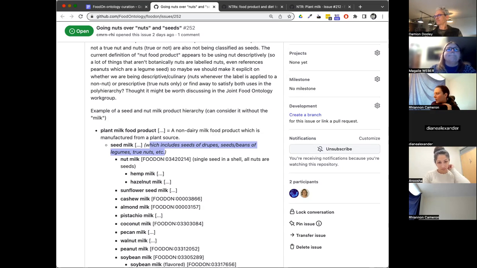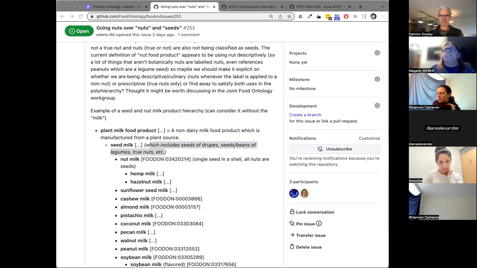When I was looking at it on my computer, I saw nut was not under seed. Maybe I didn't look at the relations closely, but I didn't see nut under seed. And I saw certain things under nut that weren't under seed. Almond was an example that was under nut when technically it's not a true nut. All right. Nut food product is under botanical fruit food product at the moment.